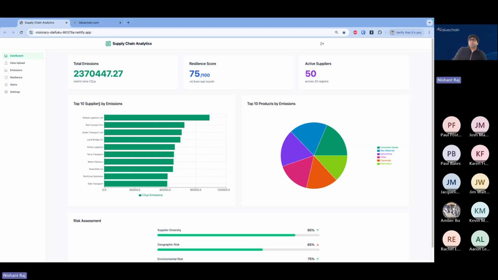By taking that type of raw information, which most times already exists with the customer themselves because these are known contracts they have with the suppliers, the system starts to give you insights directly on what your expected emission levels are. It maps out, based on that data, who your top 10 suppliers by emission are. And that's the type of thing you need to understand to start making emission decisions.